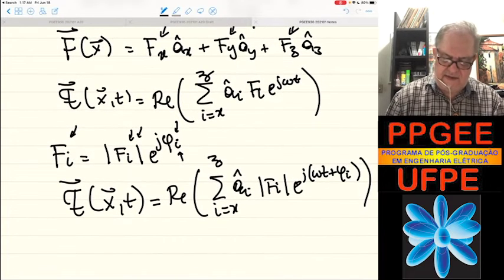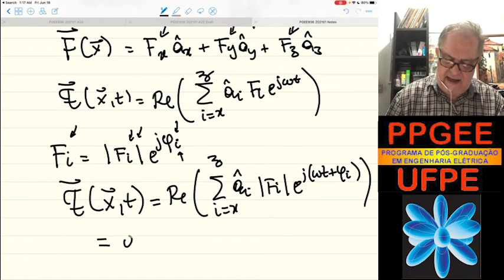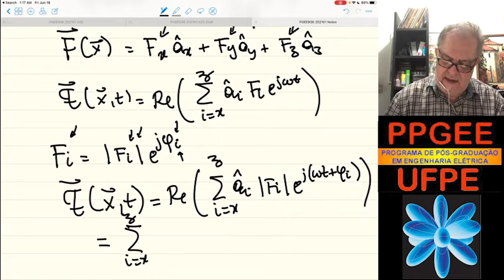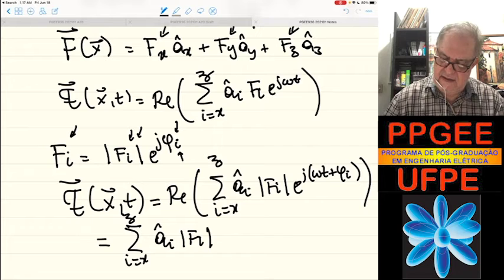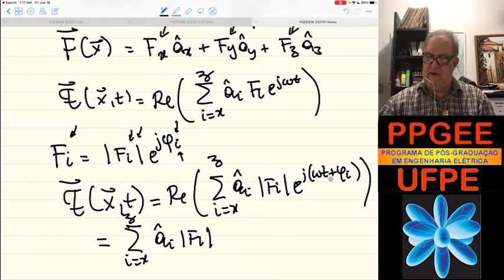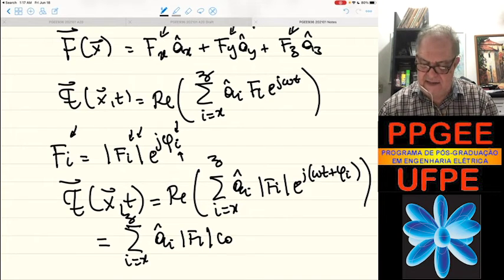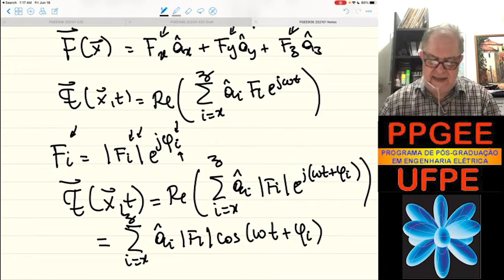That's easy, right? That's going to be a_i. So I can calculate now. It's going to be the sum of a_i, magnitude of f_i. Then the real part of this function here is cosine of omega t plus phi_i. So that's what we have.